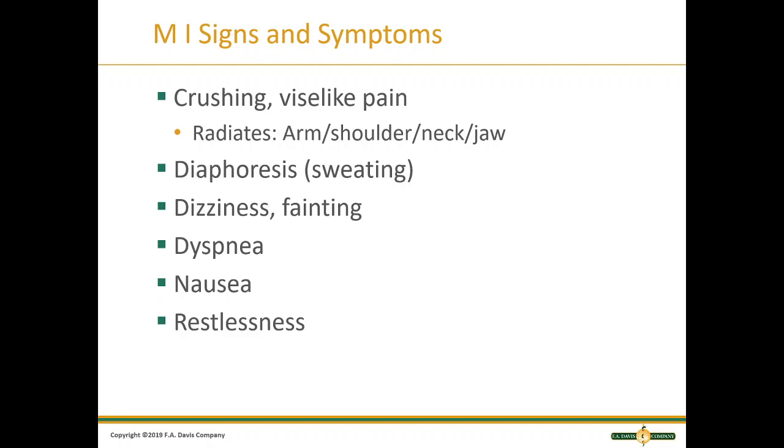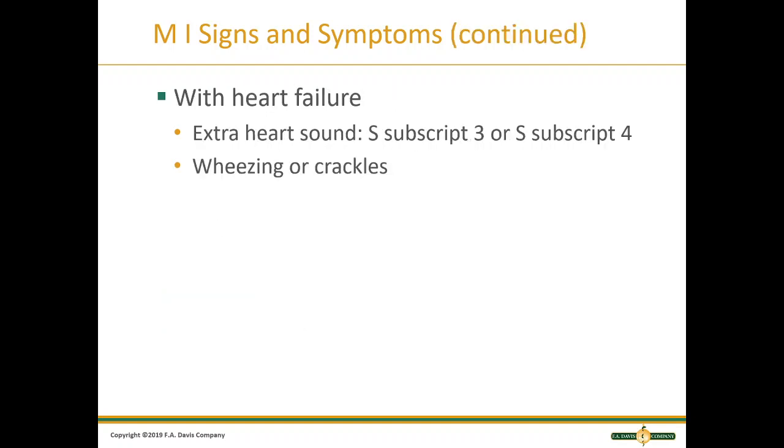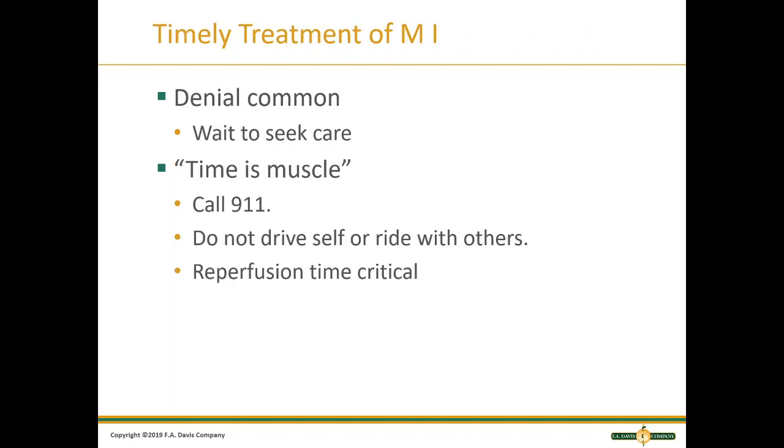MI signs: crushing vice-like pain that radiates into your arm, shoulder, jaw, and neck. Profuse sweating, dizziness, fainting, dyspnea, nausea, and restlessness. Everyone handles pain differently. So heart failure, extra heart sounds. You can hear wheezing or crackles often if you auscultate their lungs, their chest.